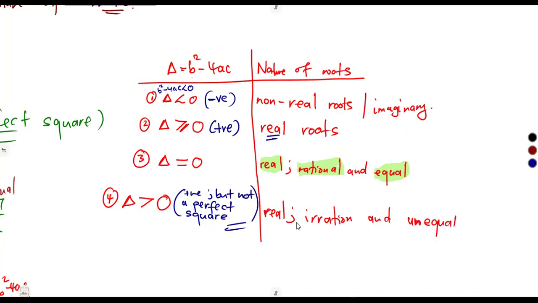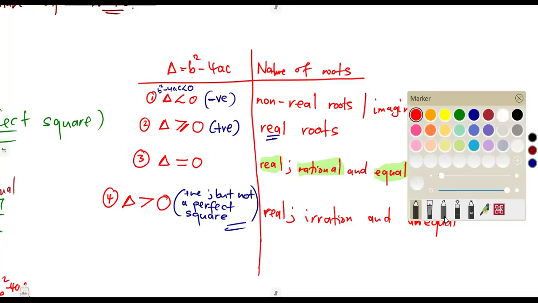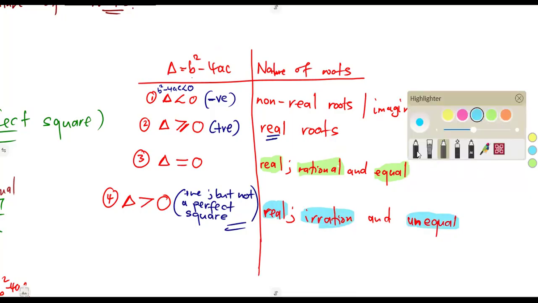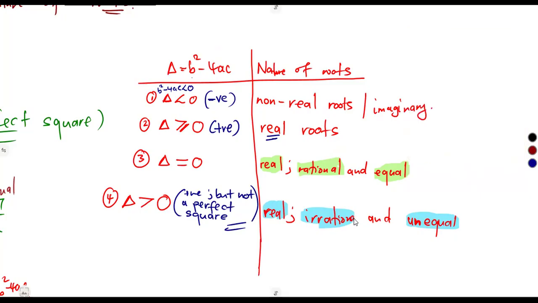This is the condition of when it is not a perfect square. These are the conditions that are going to be part of our solutions as the nature of roots. So this is what you just need.